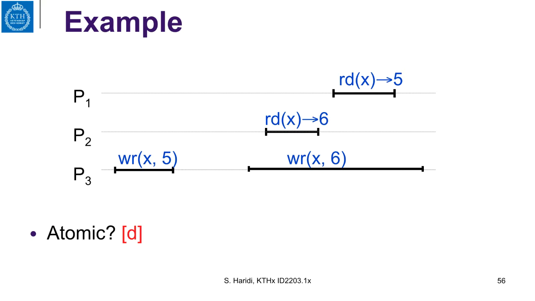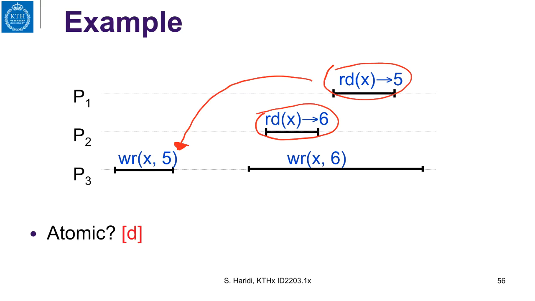In this example, we are violating atomicity because, as you can see here, we have this read, which comes after this read, but it returns the value of the previous write.